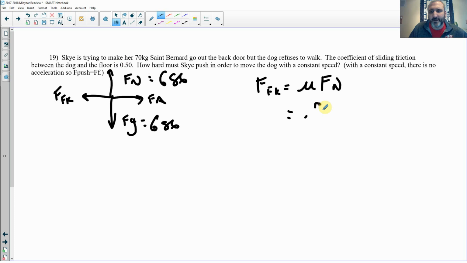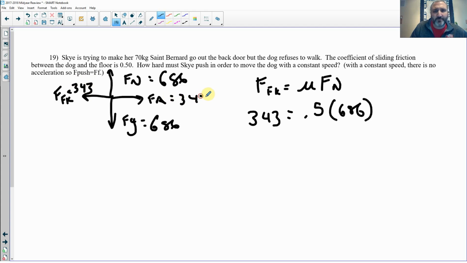Mu is 0.5 times 686. So that means the friction is 343. So that means she has to push 343 to keep this dog moving at a constant speed. She would have to push it harder to get it to move, but in order to keep it moving at a constant speed, it would just be 343 newtons.